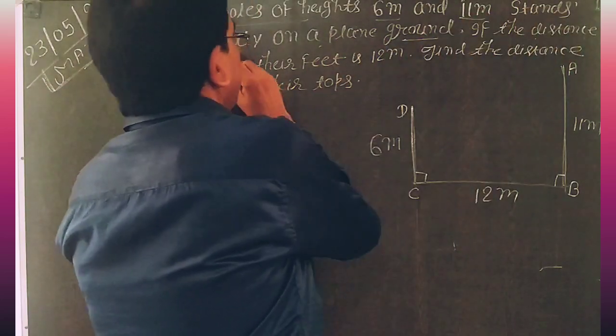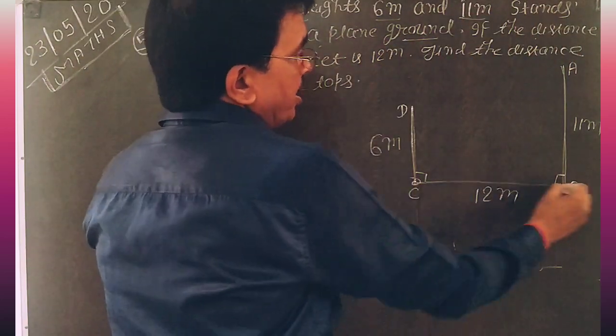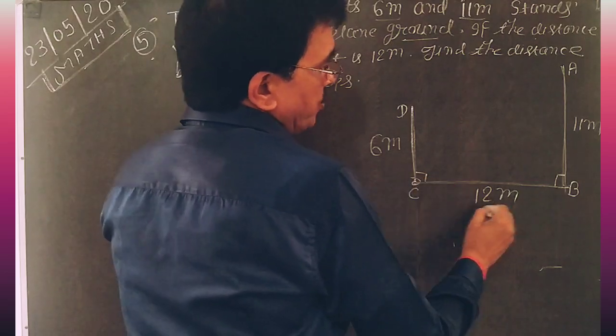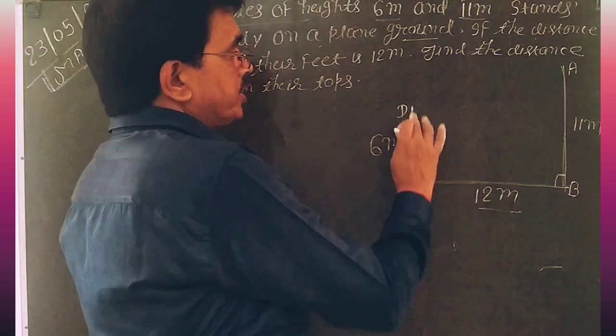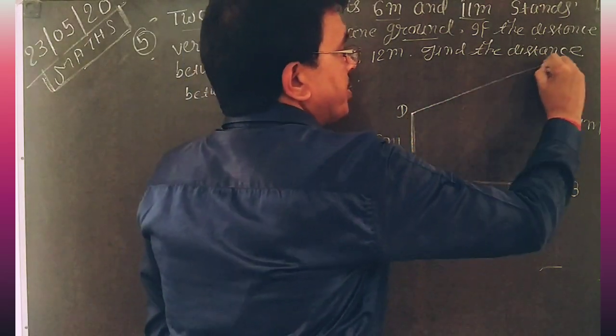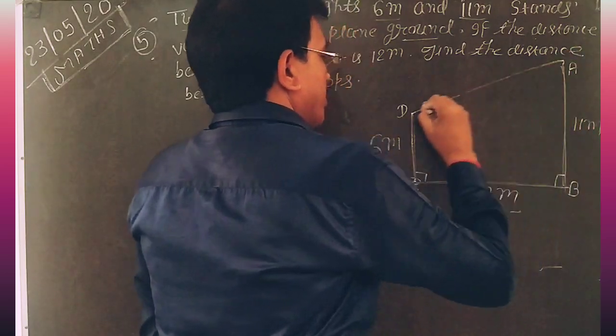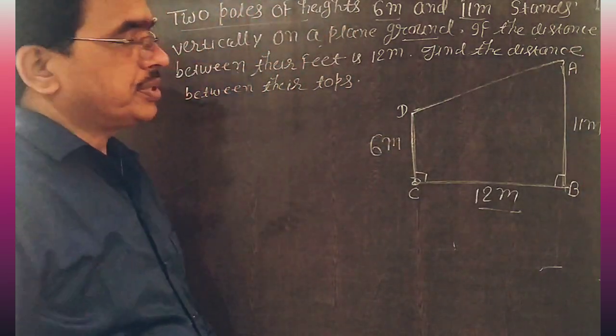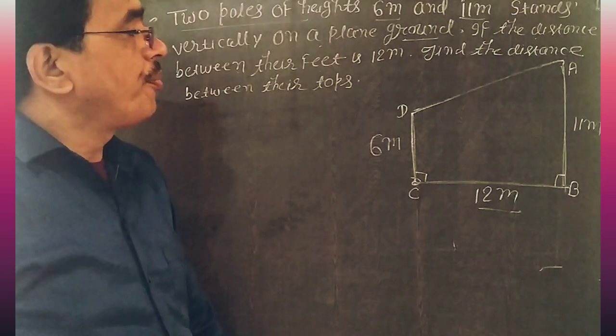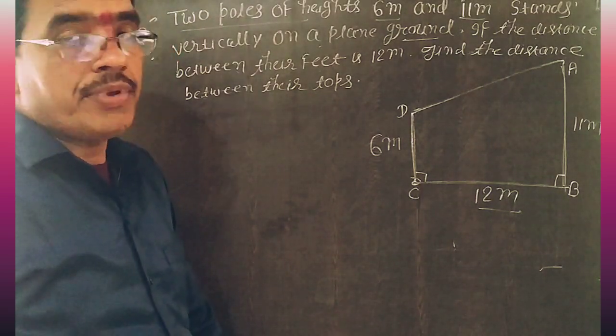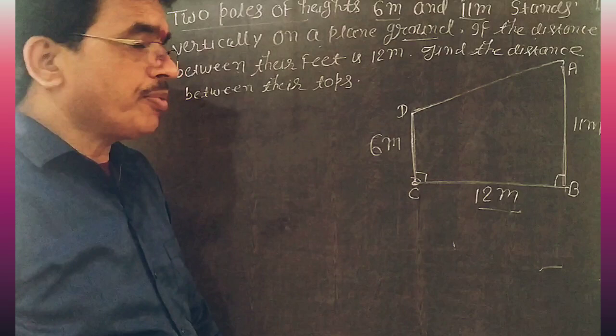If the distance between their feet is 12 meters, then your question is to find the distance between their toes. That means you have to find the distance AB if BC is given as 12 meters.